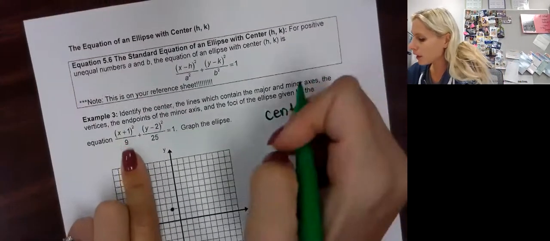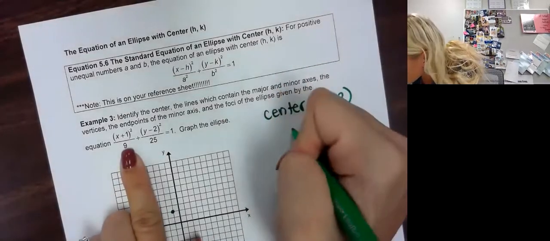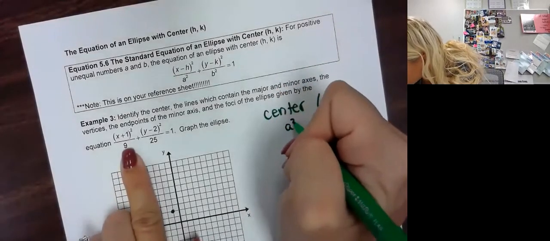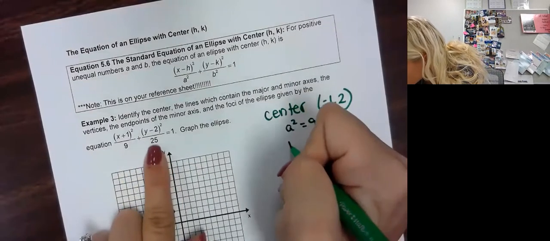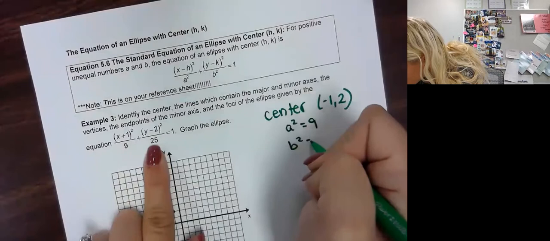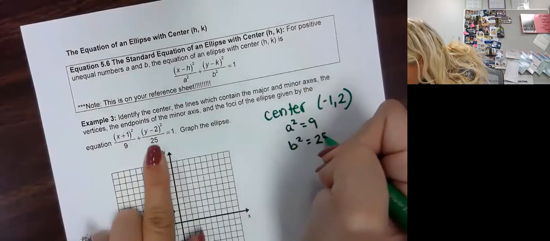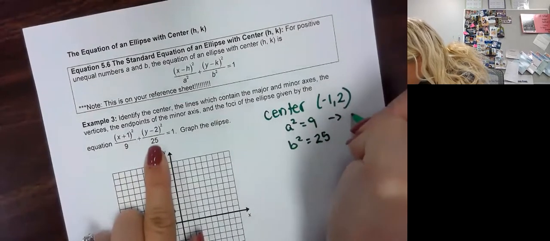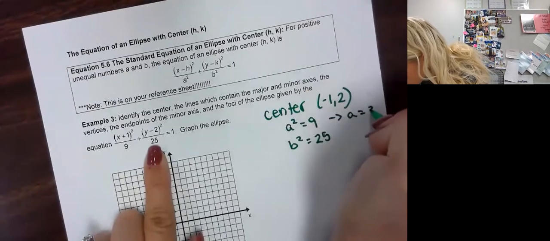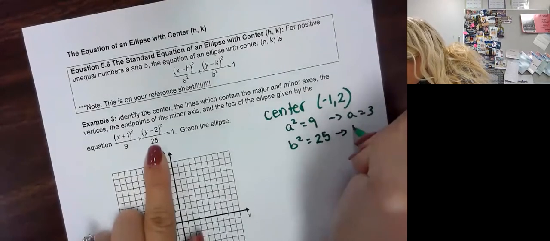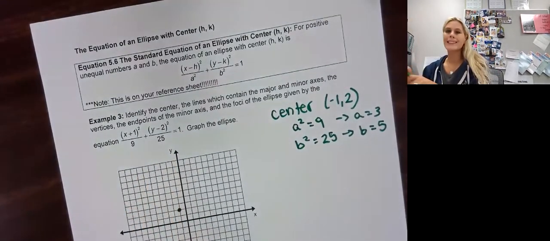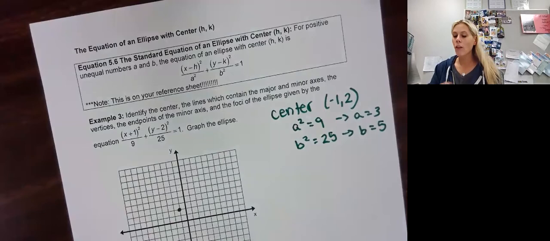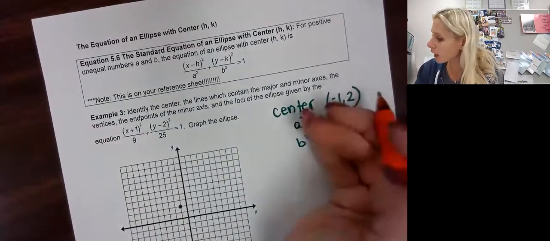All right, first of all, let's see what information we can get here. We have a squared equals 9, and b squared is 25. So of course that means a is 3 and b is 5. Now remember what that means. That is the distance from the center. So I'm going to label these in different colors.